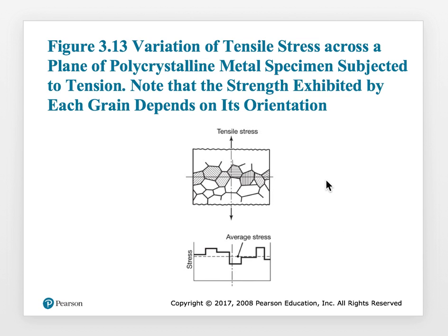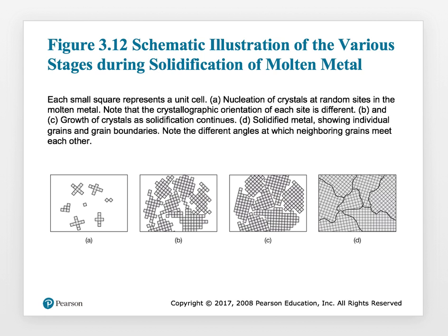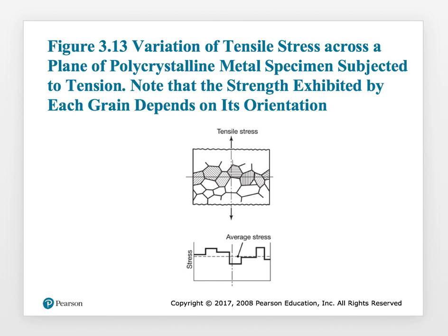You should also note that if you took this block of material and you applied a tensile load on it, you applied a normal stress in this direction, what will happen?